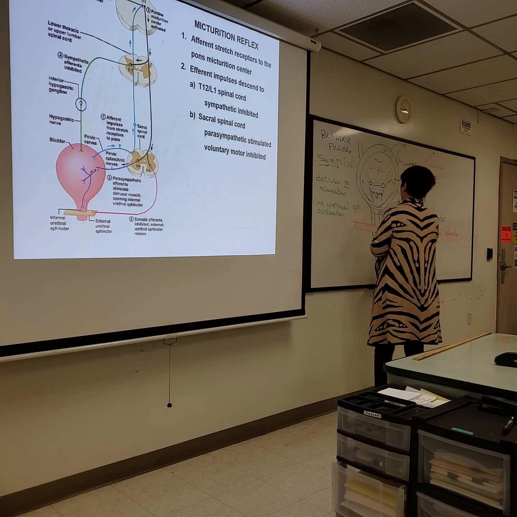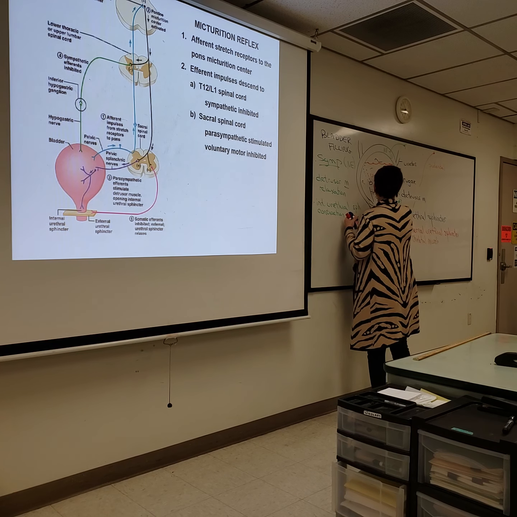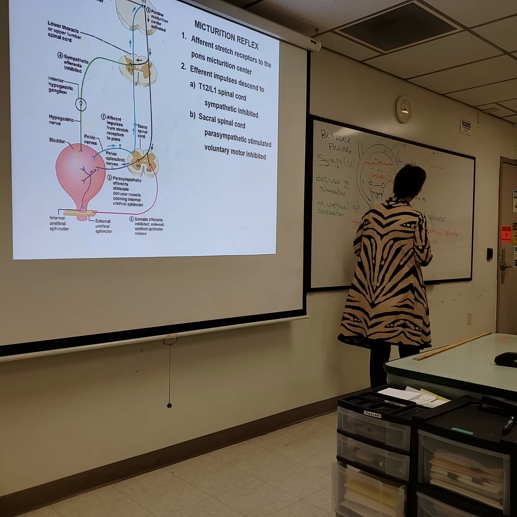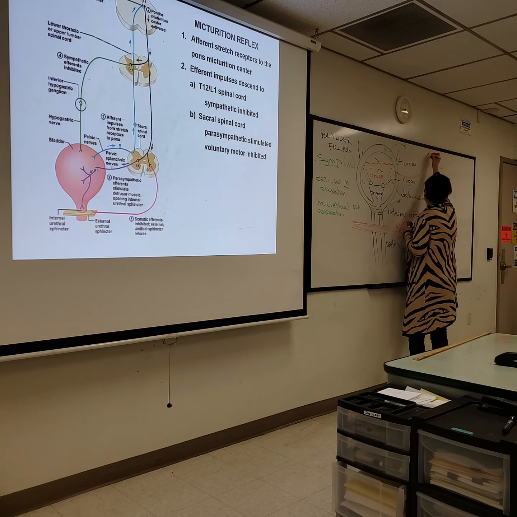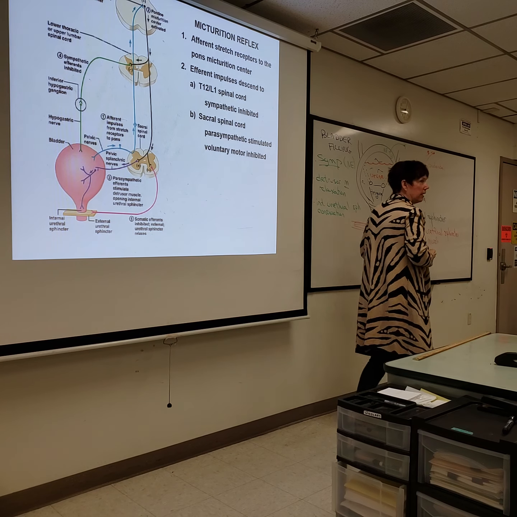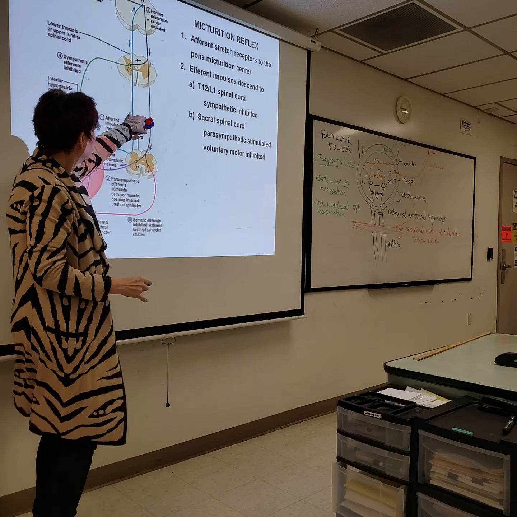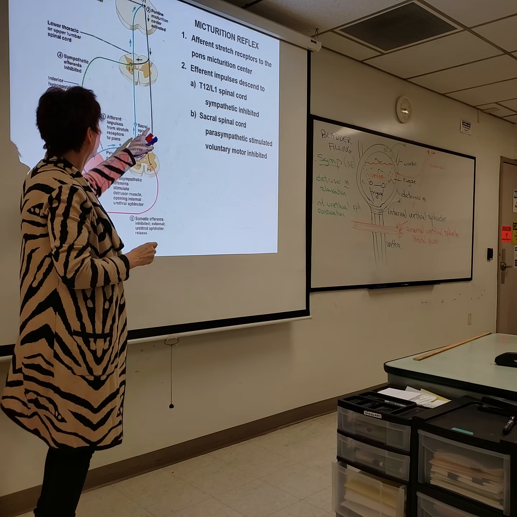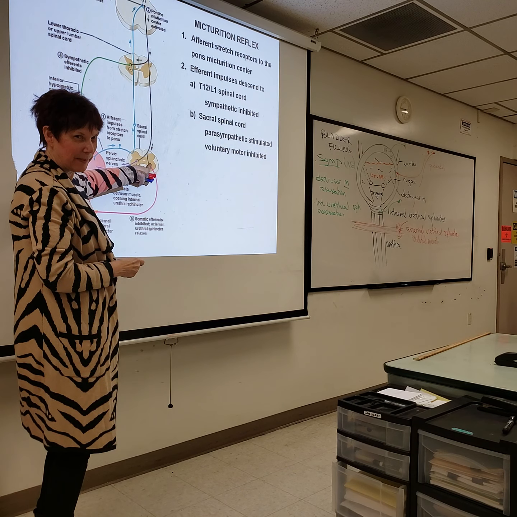So if I fill up our bladder with urine here, I don't know why it's orange, it just is. Okay, so we're going to be sending stretch receptors to the spinal cord via the pudendal nerve. And now those are going to inhibit sympathetic and activate parasympathetic.